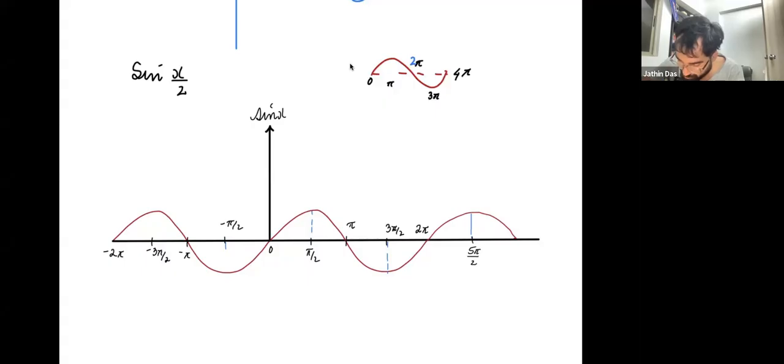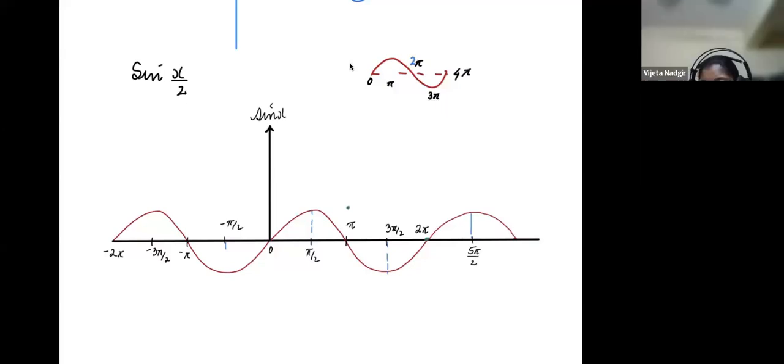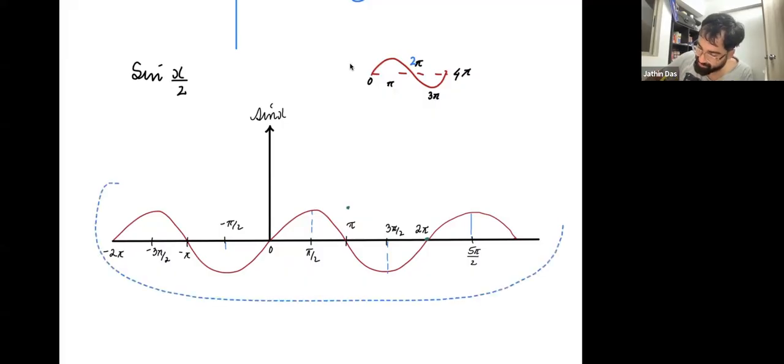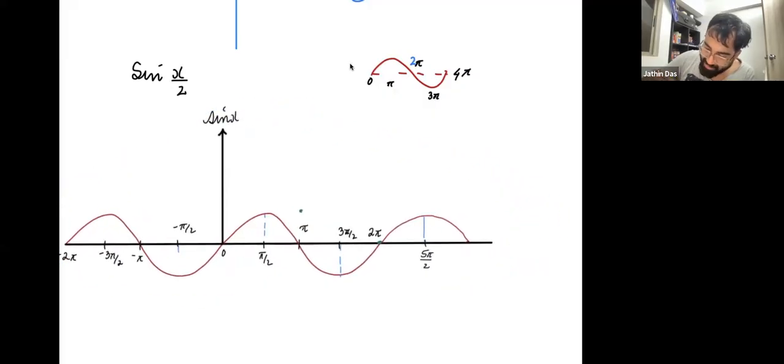So 0 to pi it will reach here, and 2 pi it will reach here. This is 3 pi, and here it is 4 pi. So the curve will go like this.